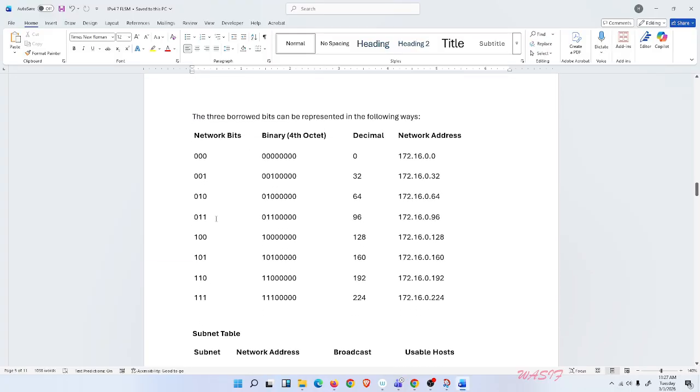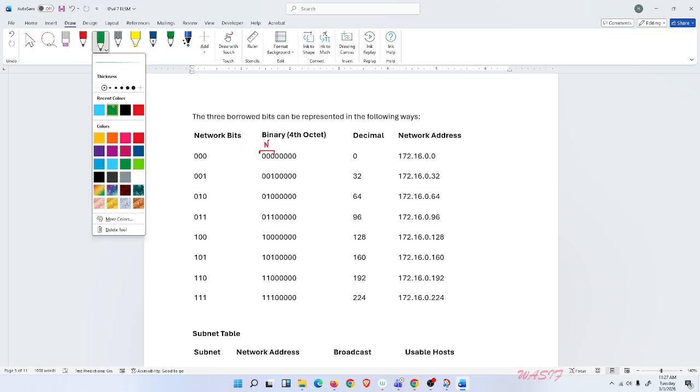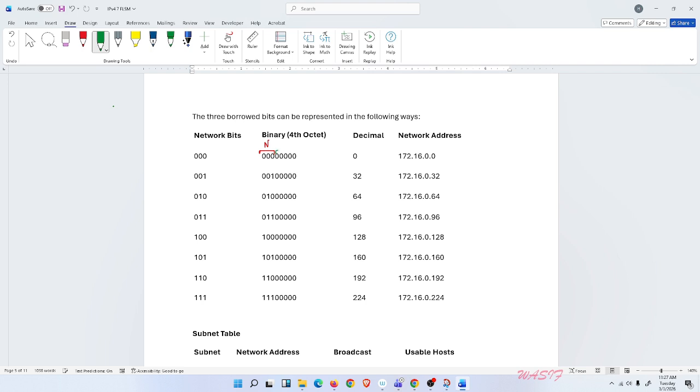Okay, now look at here very carefully. Once you have borrowed bits, this is the network portion, and this is the host portion. Now, if you look at here, these things are going to be changed.